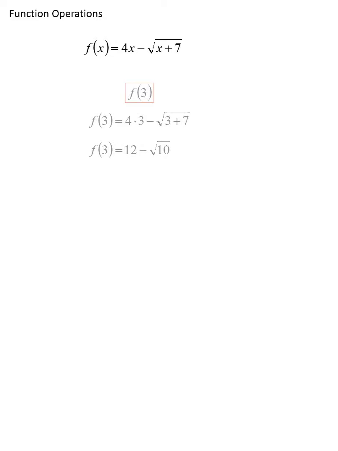Suppose we were given the same function f of x, but this time asked a different question, f of a plus 2. Well, a represents some number here that we don't know or particularly care what it is, but nonetheless, a plus 2 is in the parentheses, and that means that a plus 2 is our input for the function.